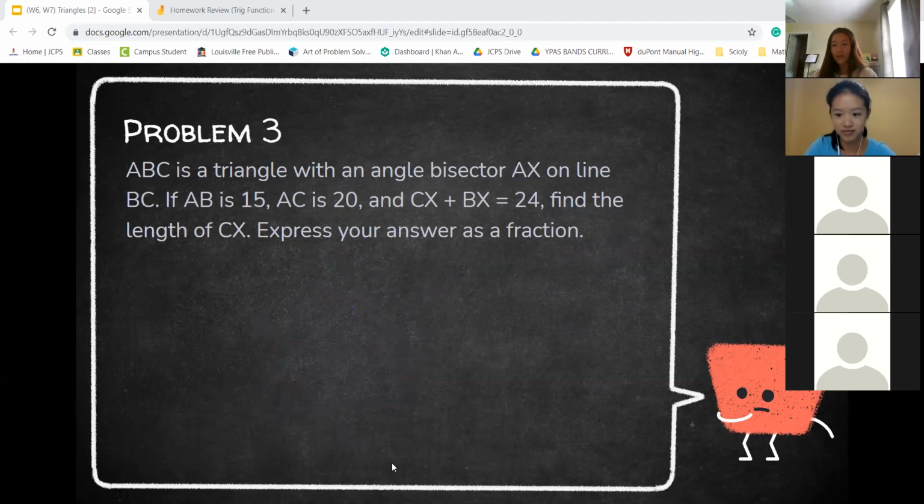Is there a certain way to label a triangle if you don't have the diagram? There is. Try to label all the points, let's say you draw a triangle ABC, or even a quadrilateral ABCD, in the same direction. I think counterclockwise is good. So label A and then B and then C and then D, counterclockwise.